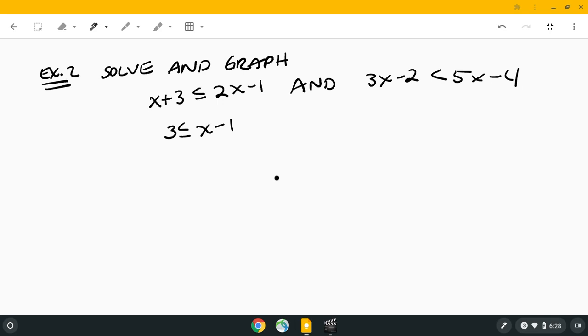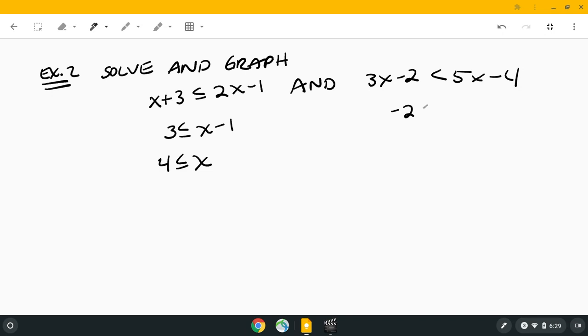Okay, and then now I'm going to add 1 to both sides, and I'll end up with this. Okay, let me solve this one. I have x's on both sides. I will subtract 3x on both sides.